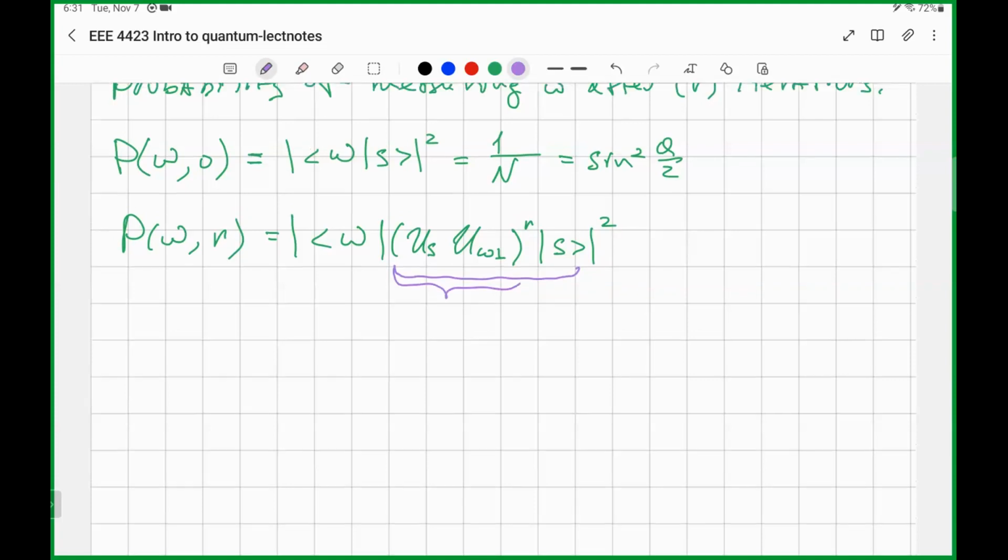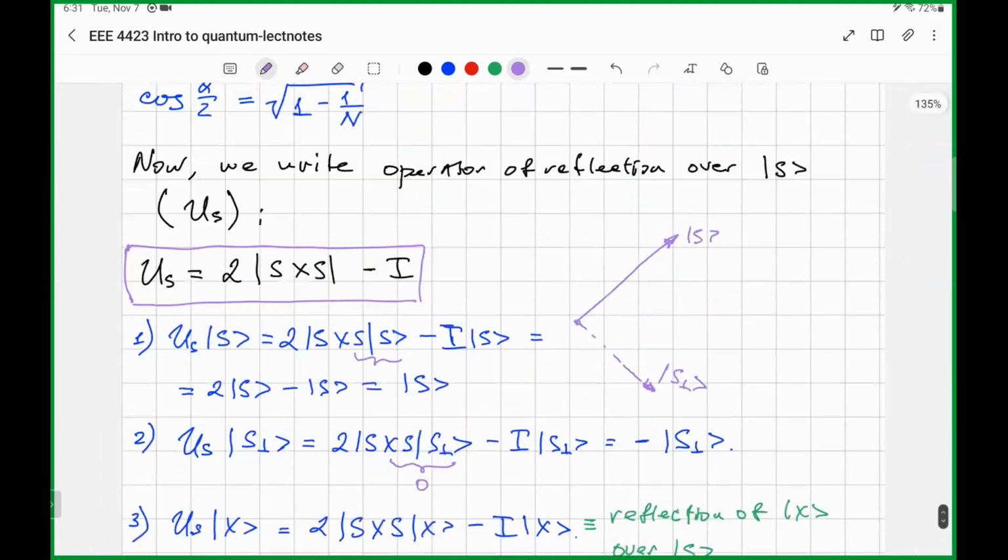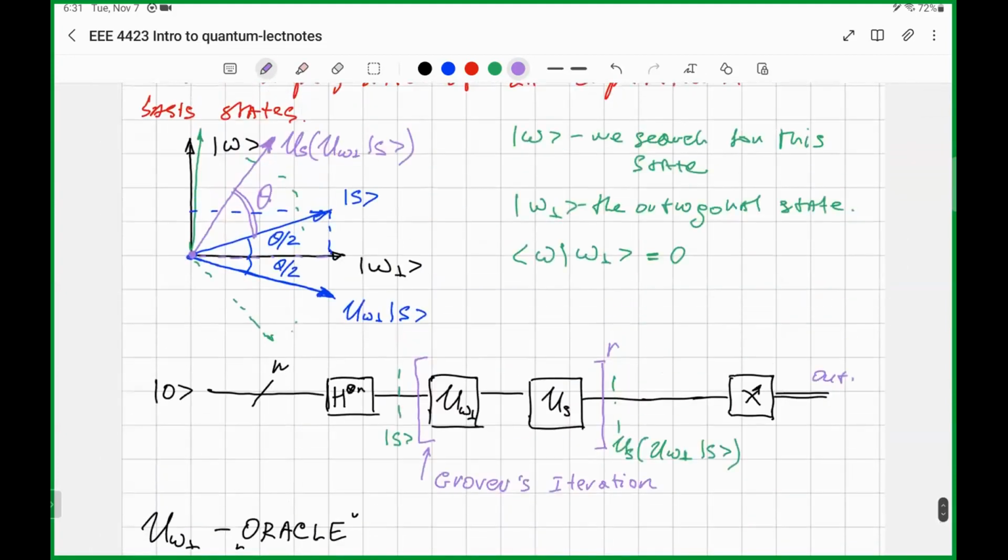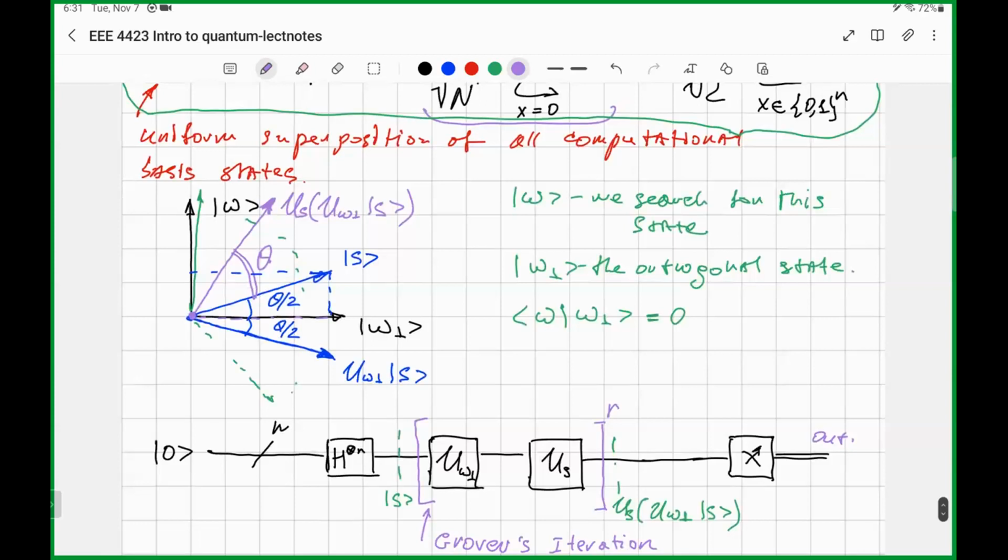Each time we apply this iteration operator, we rotate, or reflect, the superposition state vector s closer and closer to the vector omega. That's why the projection of this vector s on the vector omega increases.